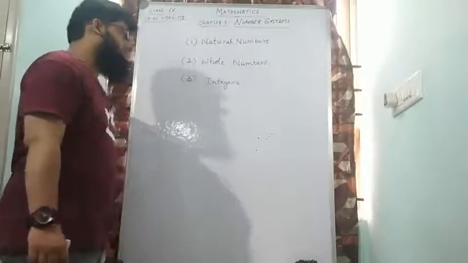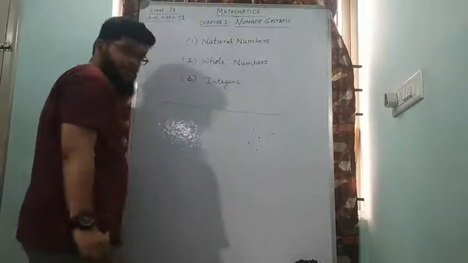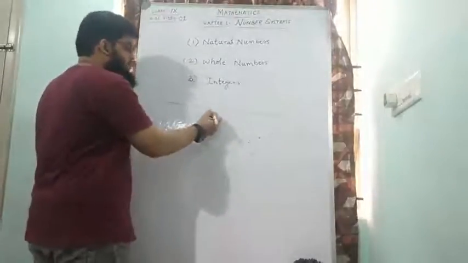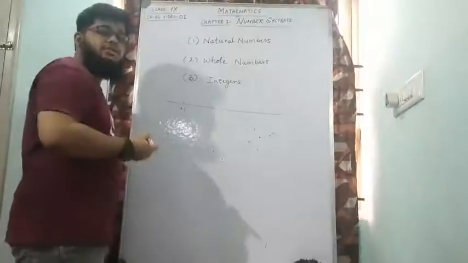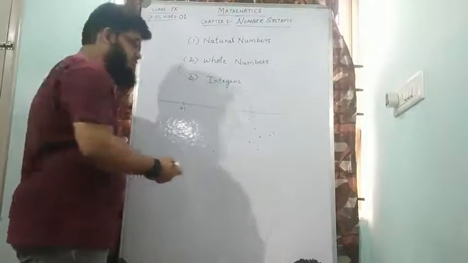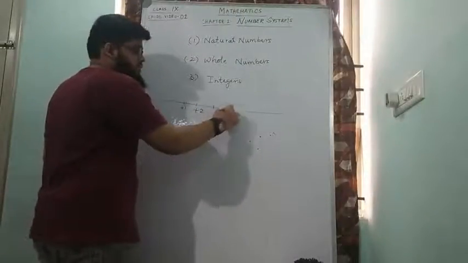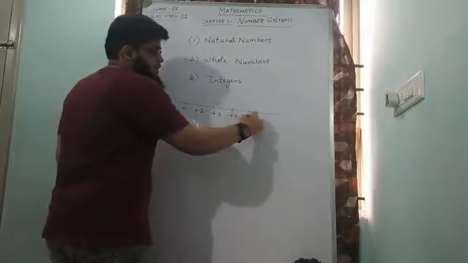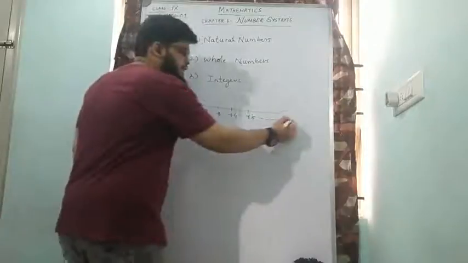So natural numbers: imagine we have a number line, right? And on this number line, if I have only positive numbers, with plus sign are positive numbers. Plus 1, plus 2, plus 3, plus 4, plus 5 and so on up to some value, up to infinity.